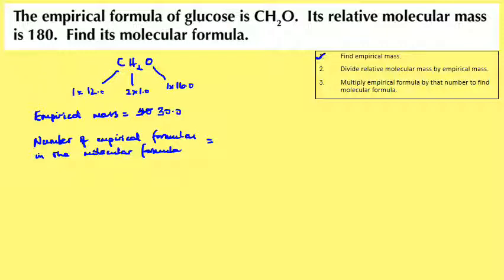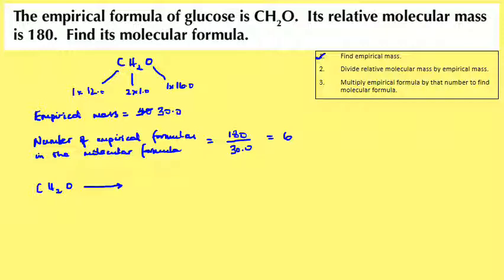So we're given the 180 as our relative molecular mass. We're going to divide that by the empirical mass that we've just worked out, and 18 over 3 is 6. So there are 6 empirical formulas in the molecular formula. Then step number 3, we can write out our empirical formula, CH2O.